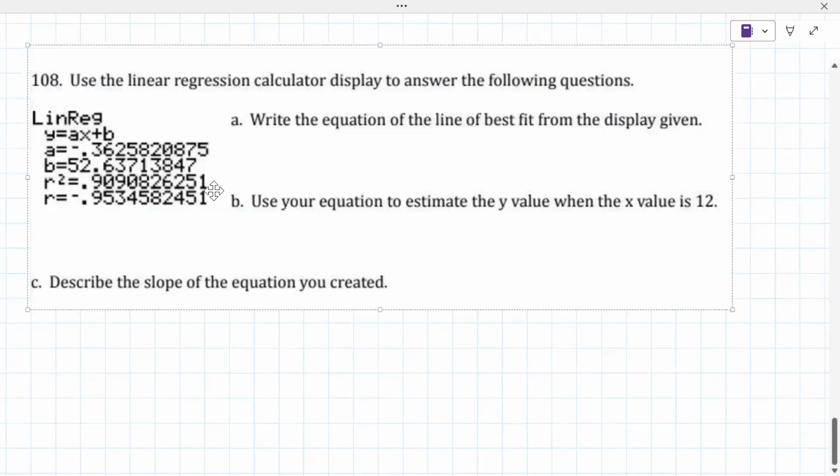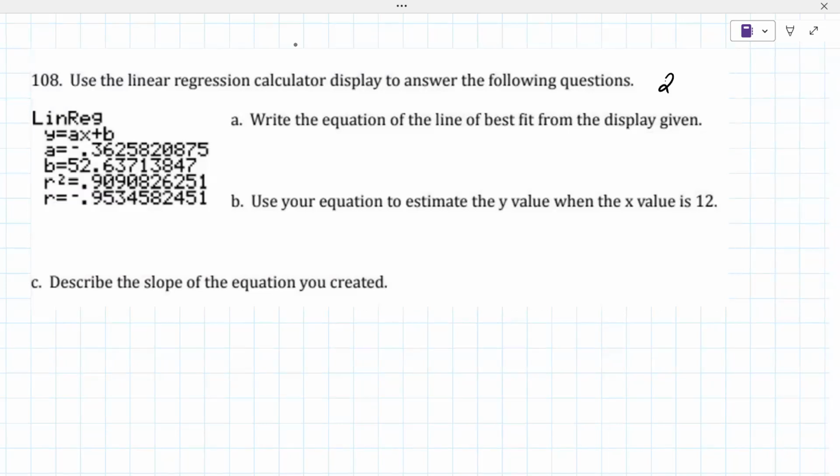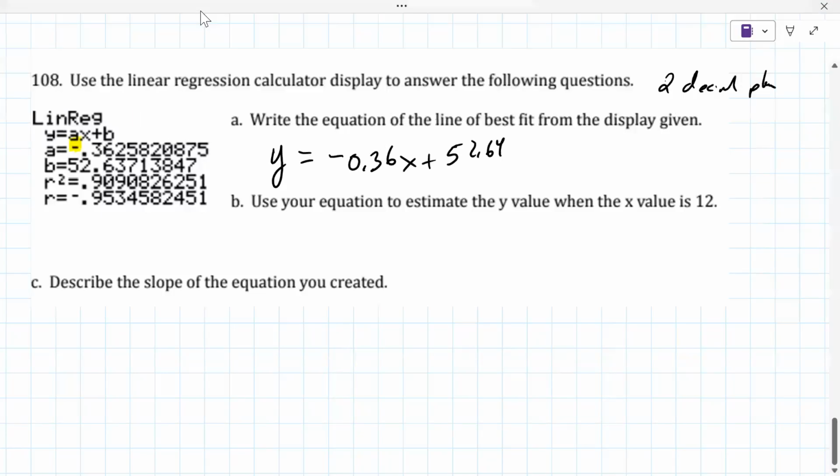Okay, they give you the calculator output here, and they want you to write the equation of best fit. So they're trying to distract you. Let's have you round to two decimal places for me on this one. So then y equals negative 0.36x plus 52.64. There's that negative in front. Yeah, that was a negative. Okay. All right. Good.